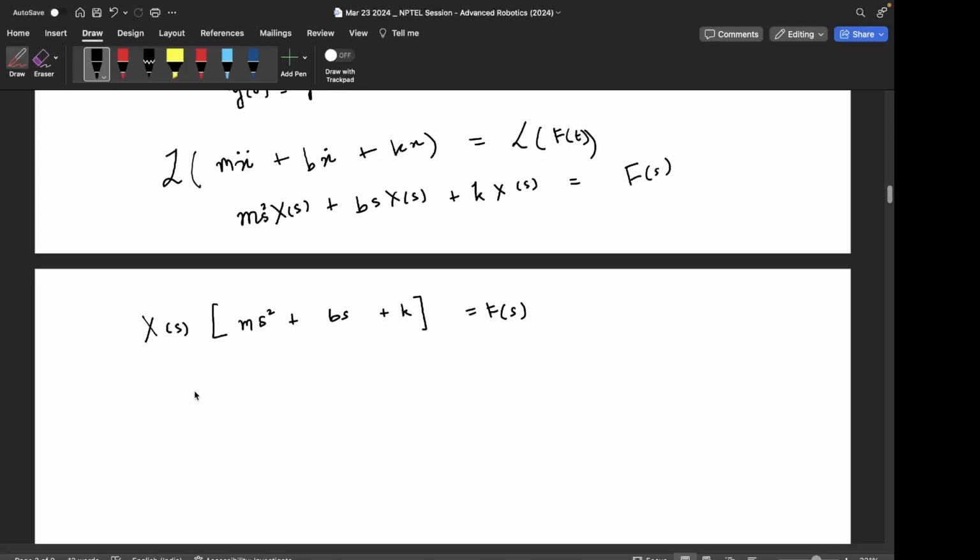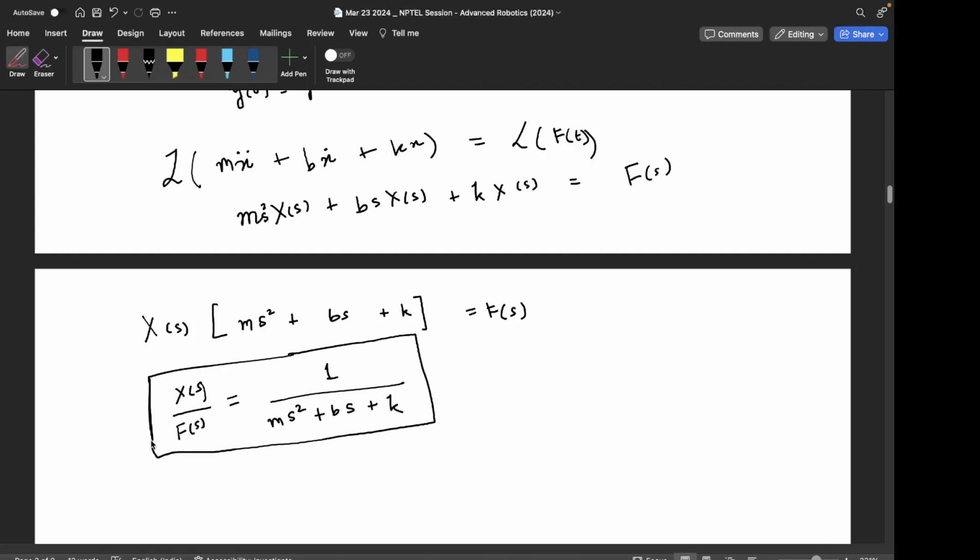Now if we just switch the terms, then the ratio between the response, that is the X, and the input, that is F, the relation is given by this expression on the right hand side of this equation.